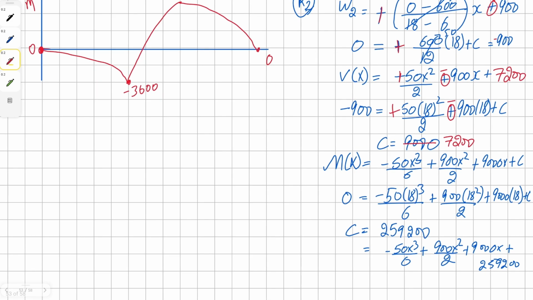Now going to our moment, we're going to have positive 50x cubed divided by 6, negative 900x squared divided by 2, and then positive 7200 times x plus the constant.